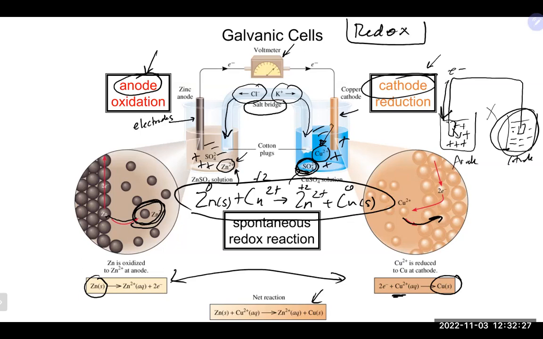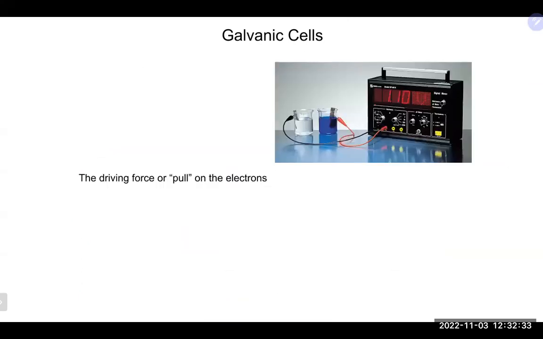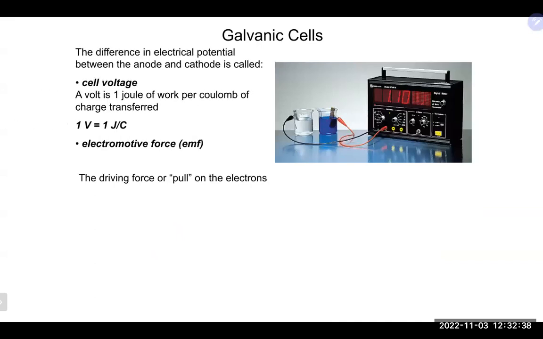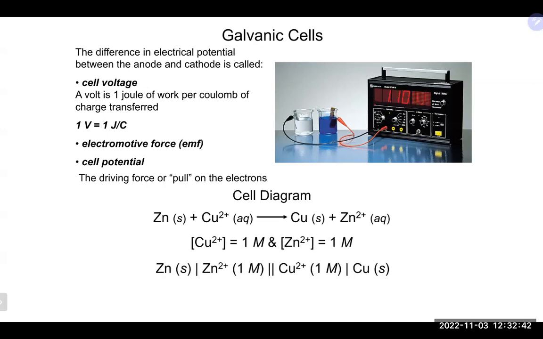So sometimes they'll use something like graphite or platinum as the solid electrode in those processes.